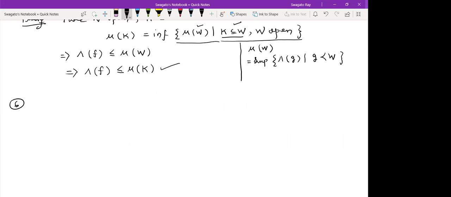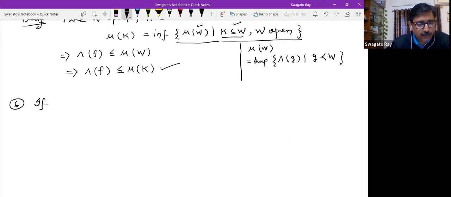Now, if V is open, then so far, what do I know about measures of open sets? Not much.